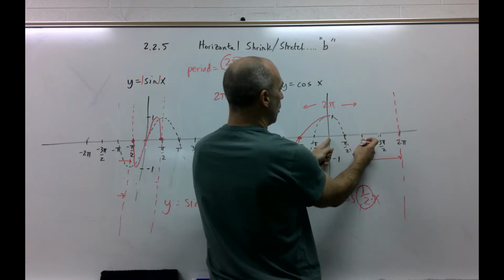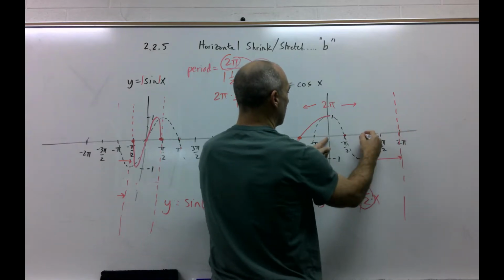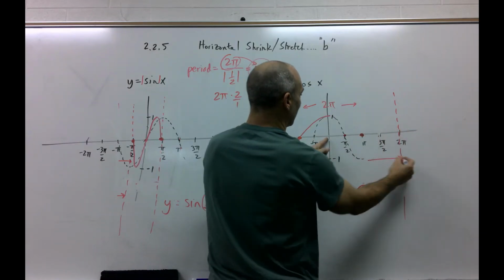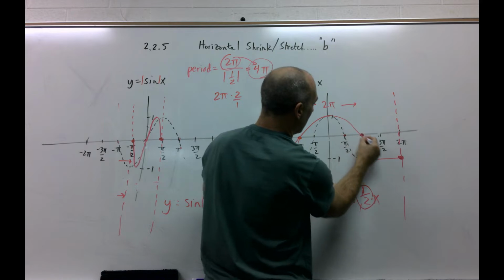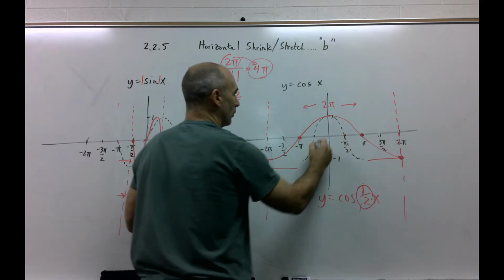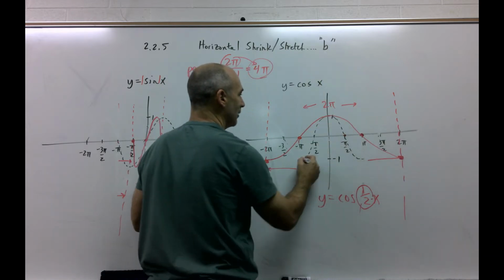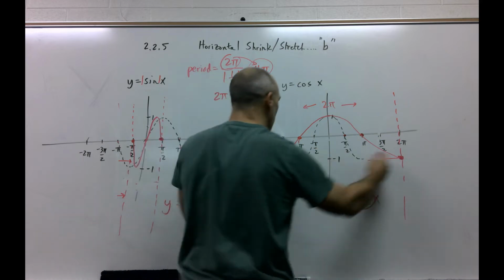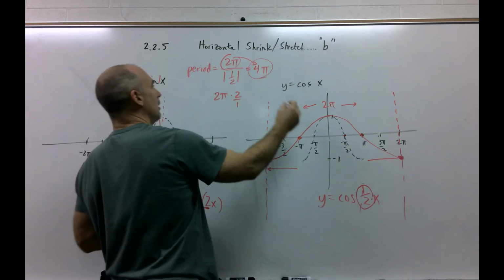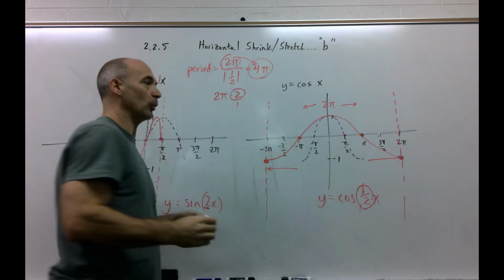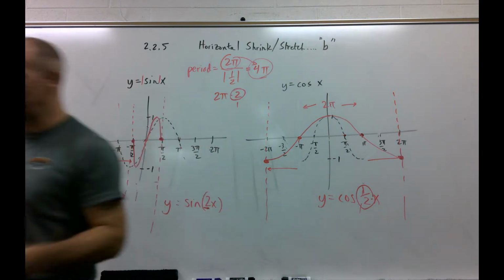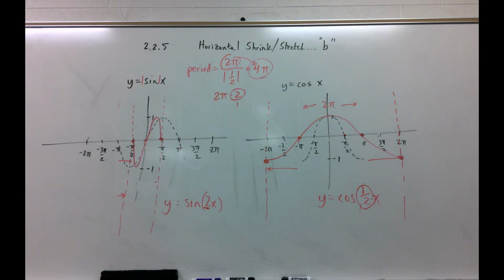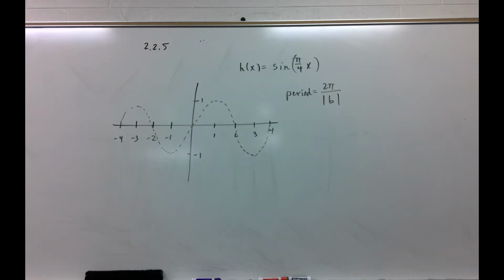So I know halfway of this is right here. This point needs to slide here, and then there it is. So the original cosine, one cycle, one period, gets horizontally stretched by a factor of 2, if you need to talk about it. Okay, that's a good little lesson right there, but there's more coming.